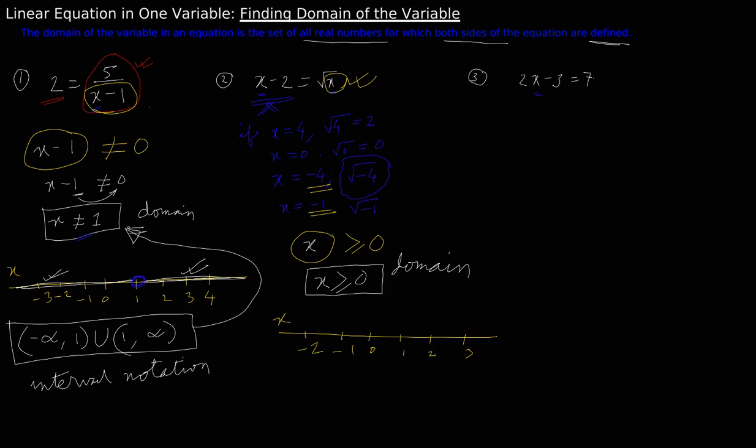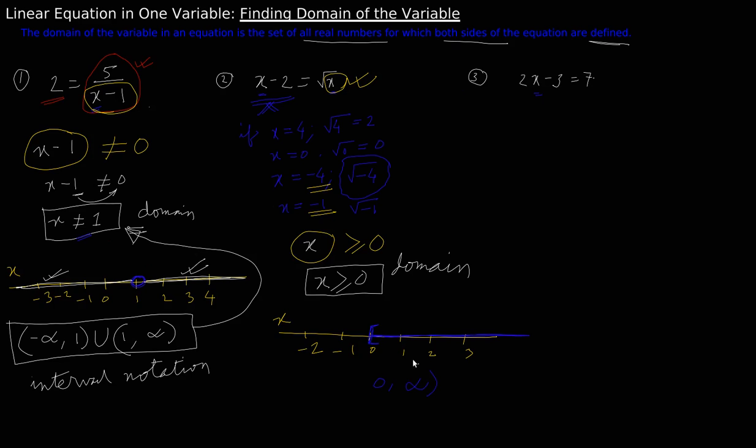Now we know that x needs to be greater than or equal to 0. So that means x can take a value of 0, and then it can take all the values in the positive zone. This line starts from 0 to positive infinity.